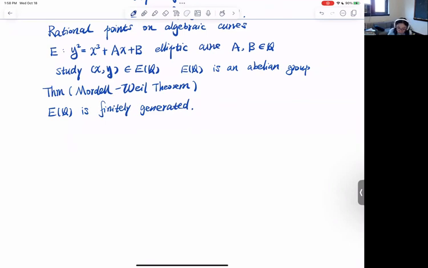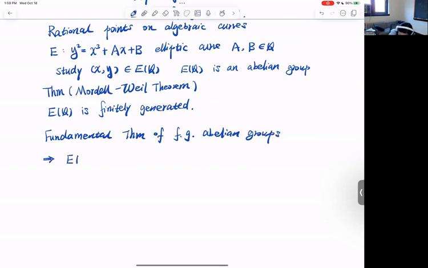Then we go to the fundamental theorem of finitely generated abelian groups in algebra, which tells us that if I have a finitely generated abelian group, it is isomorphic as a group to Z to the r, direct sum a torsion part, which usually is denoted E(Q)_tor.